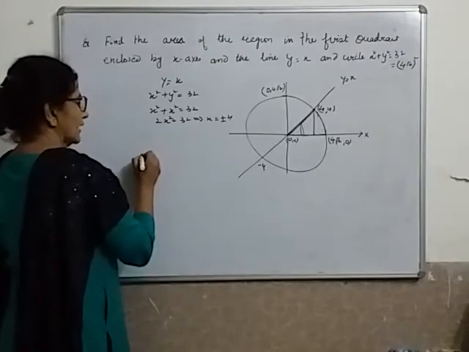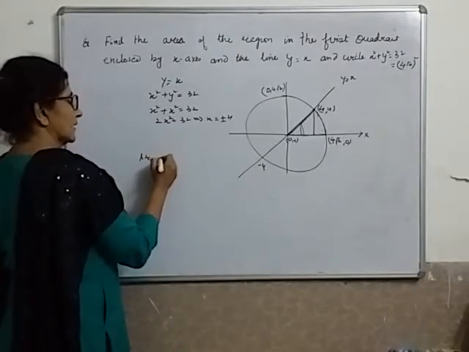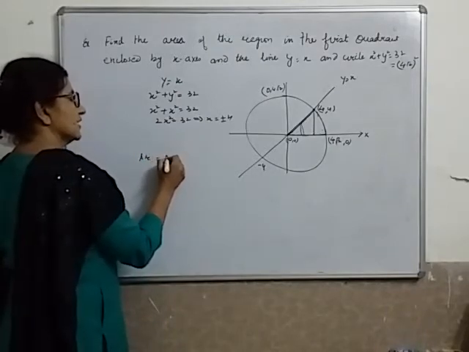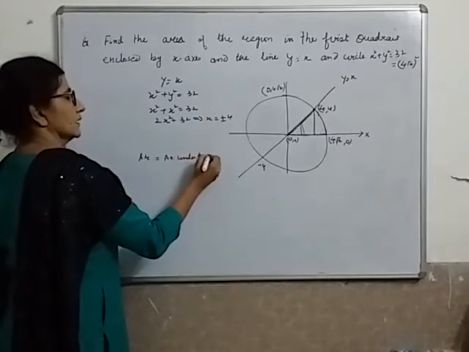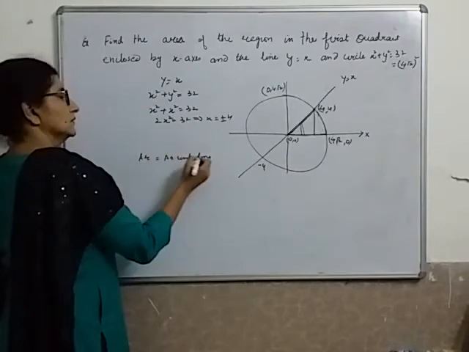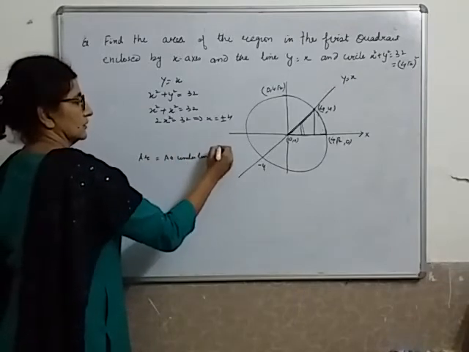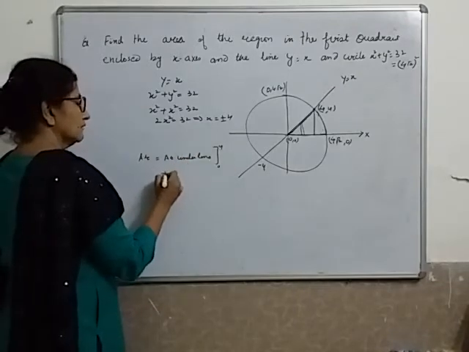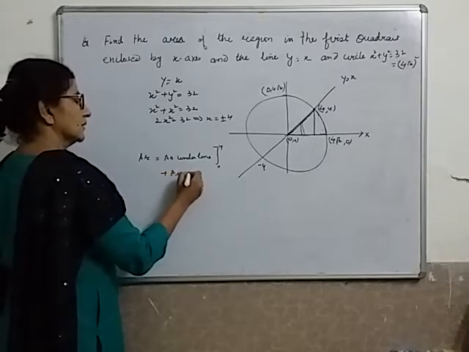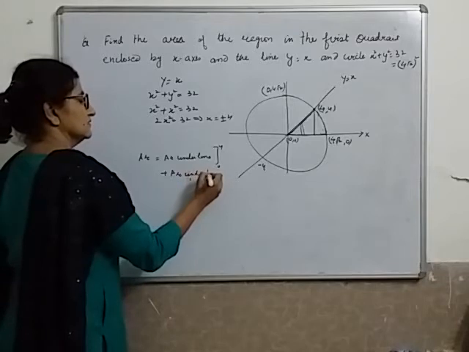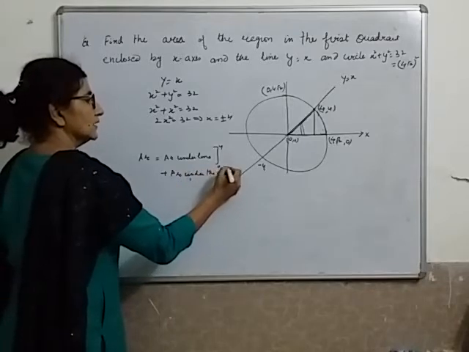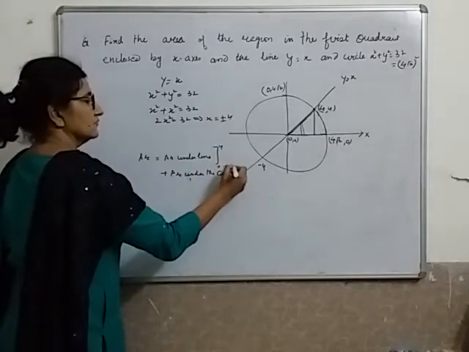So the required area is first the area under the line. From where to where? 0 to 4. Okay? Then I will have to calculate the area under the circle. And from where to where is that? 4 to 4 root 2.